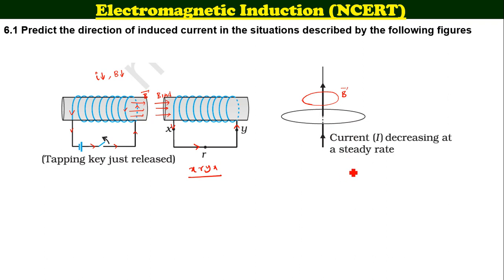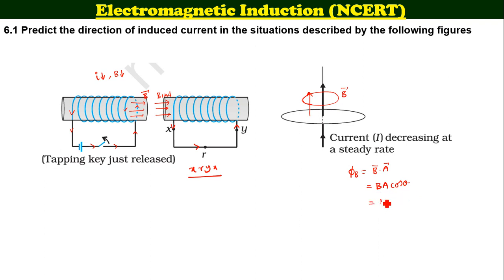Before getting into the induced EMF, the flux is nothing but B vector dot A vector. Here the number of field lines crossing this surface will be 0, because flux is BA cos theta, where theta is the angle with the area direction. The area direction is always the outward normal, perpendicular to the surface. And this magnetic field is radial, so the angle between the magnetic field and the area is 90 degrees.